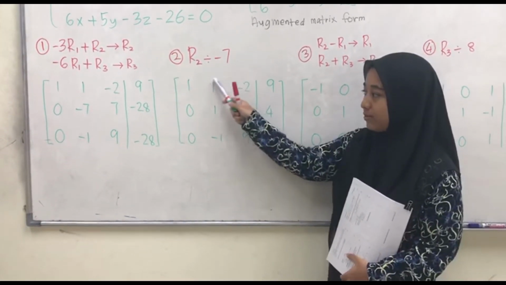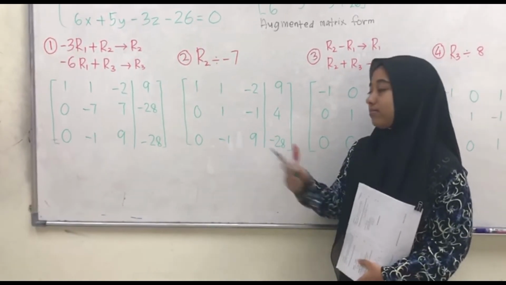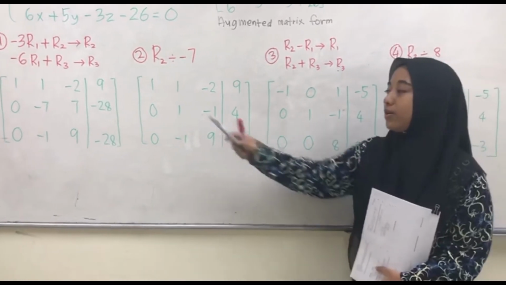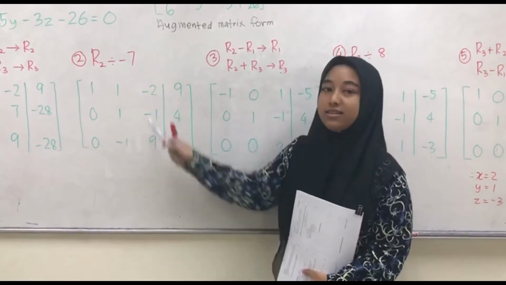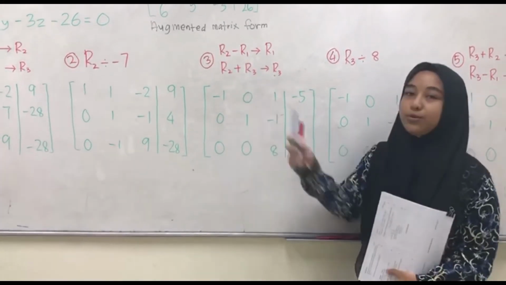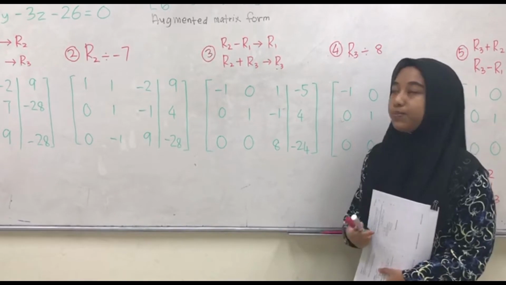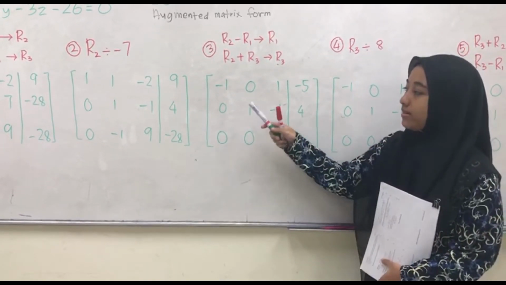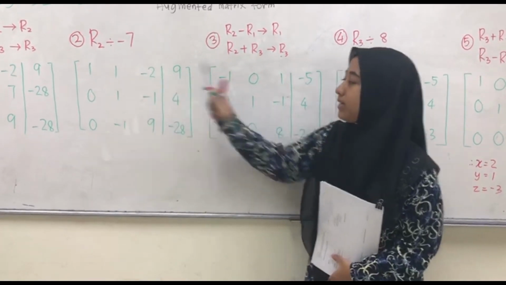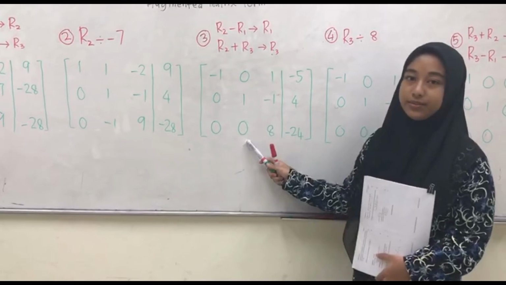This 1 becomes 0 and this negative 1 becomes 0 too. How? We are going to use the 1 here to subtract or add. So row 2 minus row 1, we will get the new row 1, and row 2 plus row 3, we will get the new row 3. So 1 minus 1, we will get 0, and 1 plus negative 1, we will get 0 here.